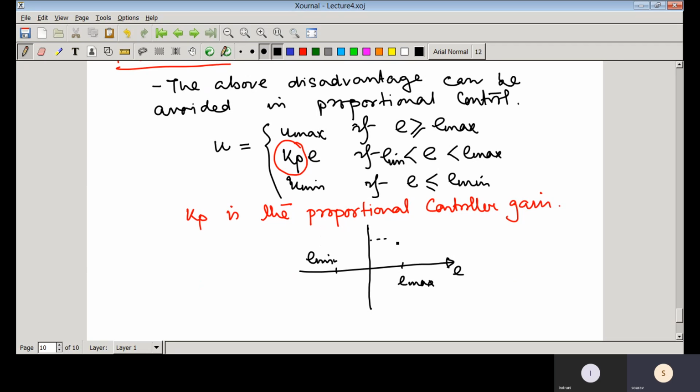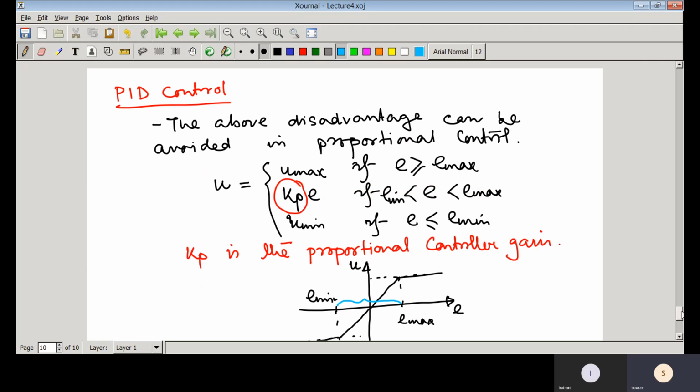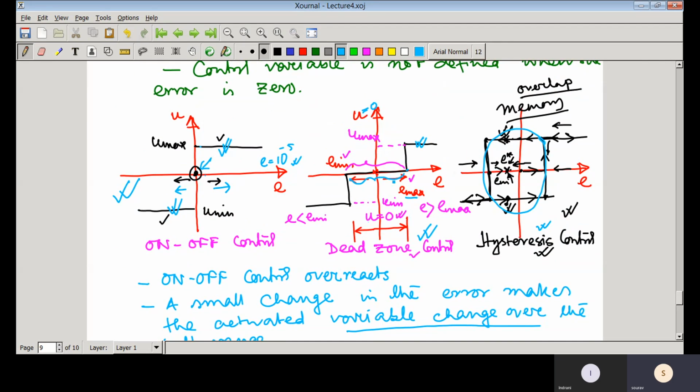So it looks like that. This is that control input U. Whenever your error is inside this range, in case of dead zone control, what we have seen, we keep U equal to 0.